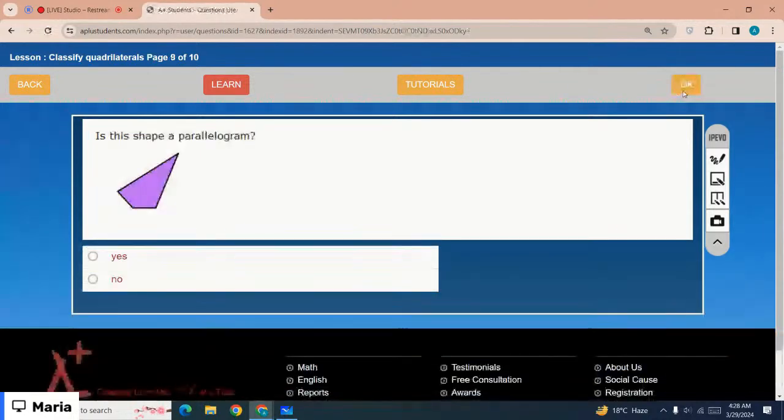Is this shape a parallelogram? No, this isn't a parallelogram, right?